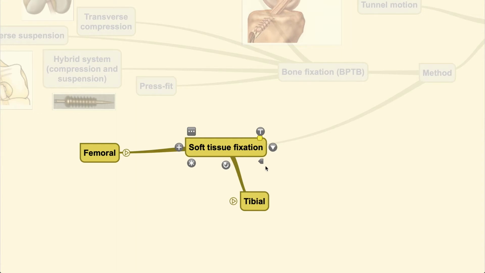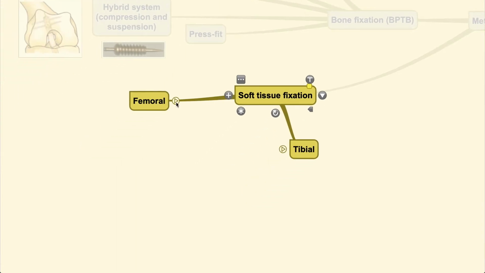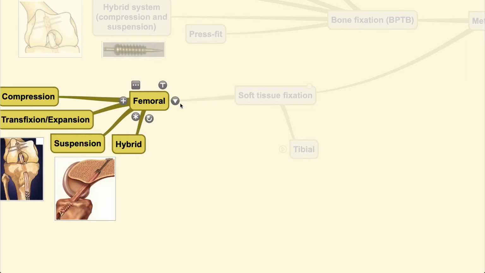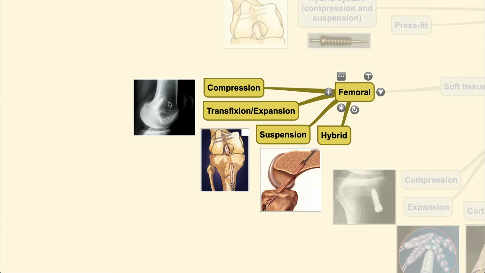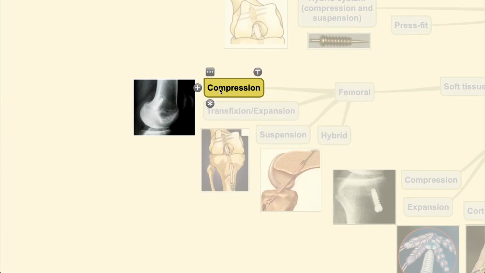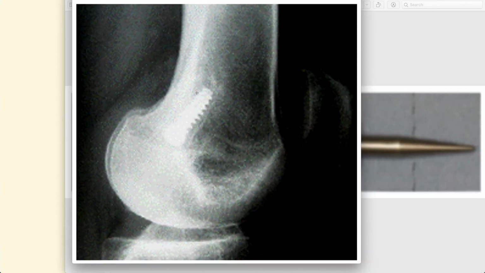Now for the soft tissue system, there is another division. It is different when it is used in the femur or in the tibia. For the femoral side, the graft could be held in place using a compression technique in which the soft tissue graft is screwed in place and compressed inside its tunnel.